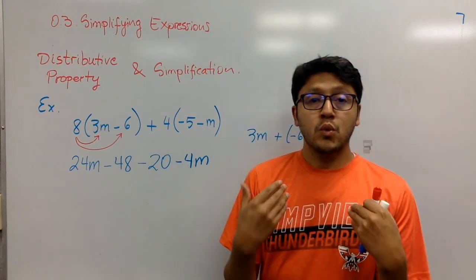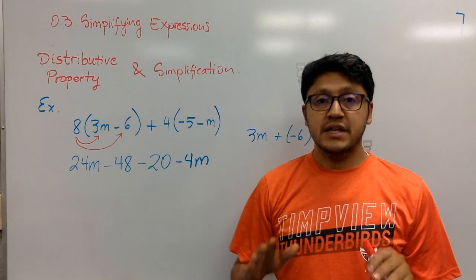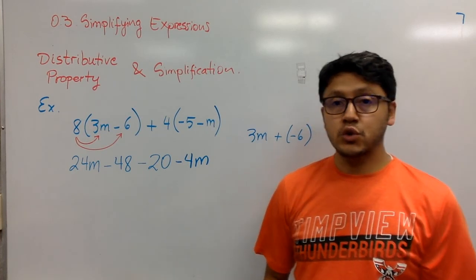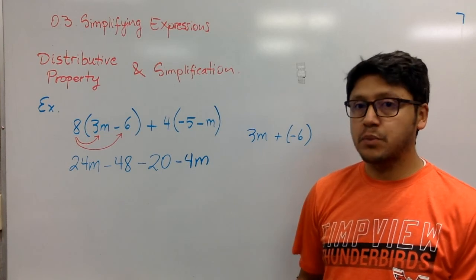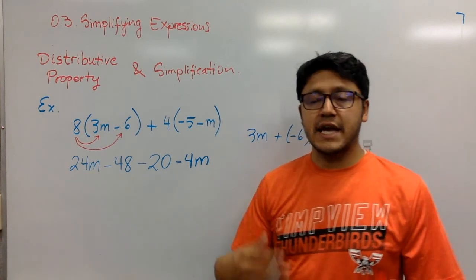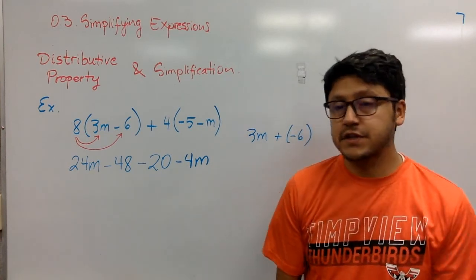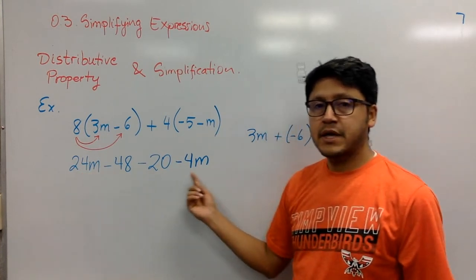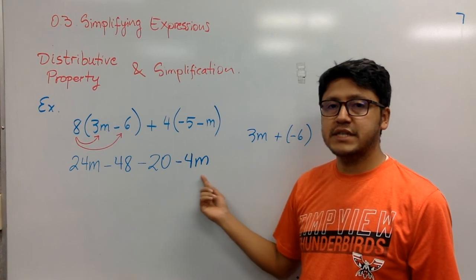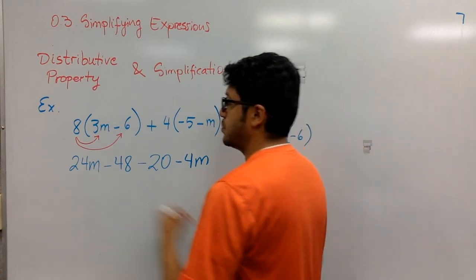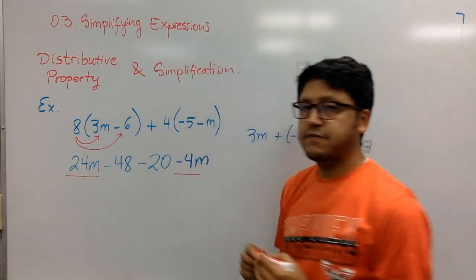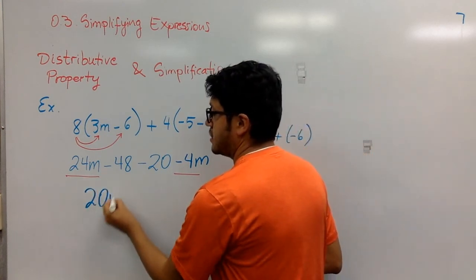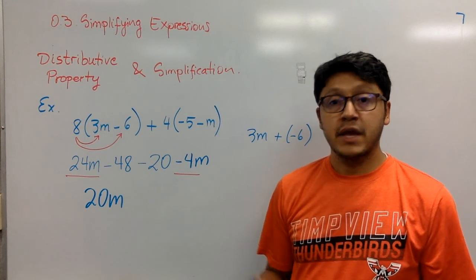Now, we have a new expression that has no parentheses already. However, you can see, and this is really important, that this expression can be simplified further because this 24m has a like term that is -4m. And when you put them together, 24m minus 4m is going to be 20m.